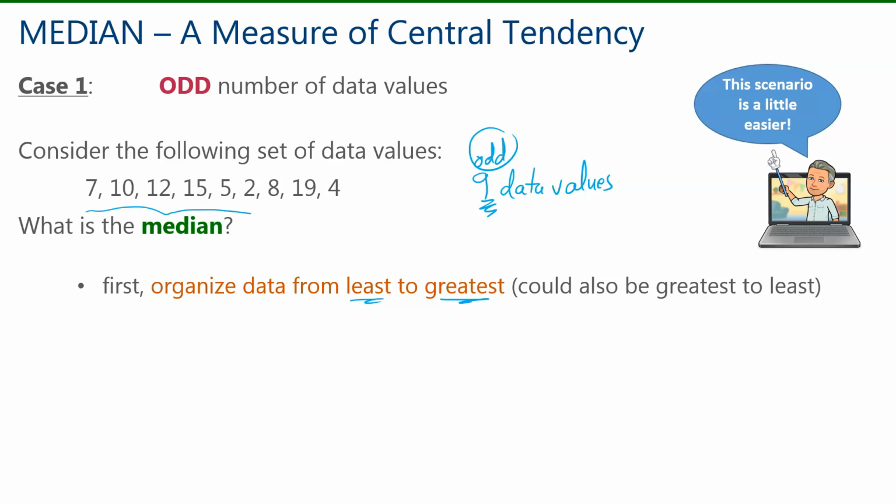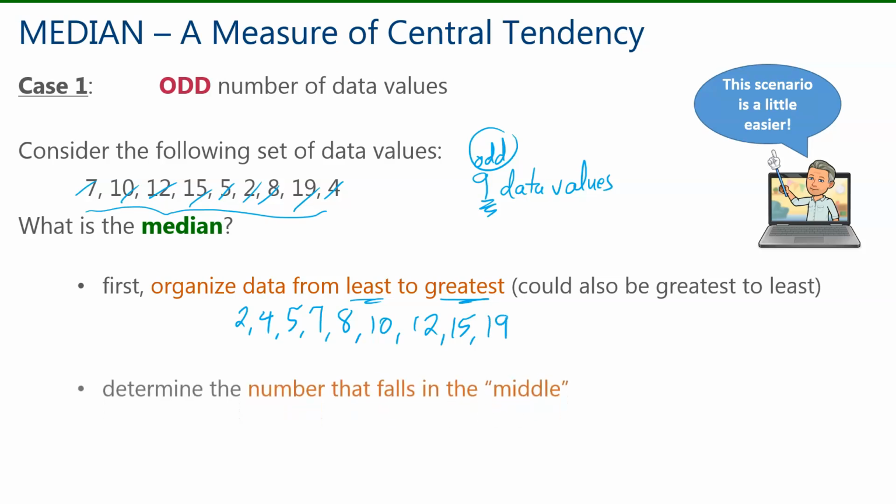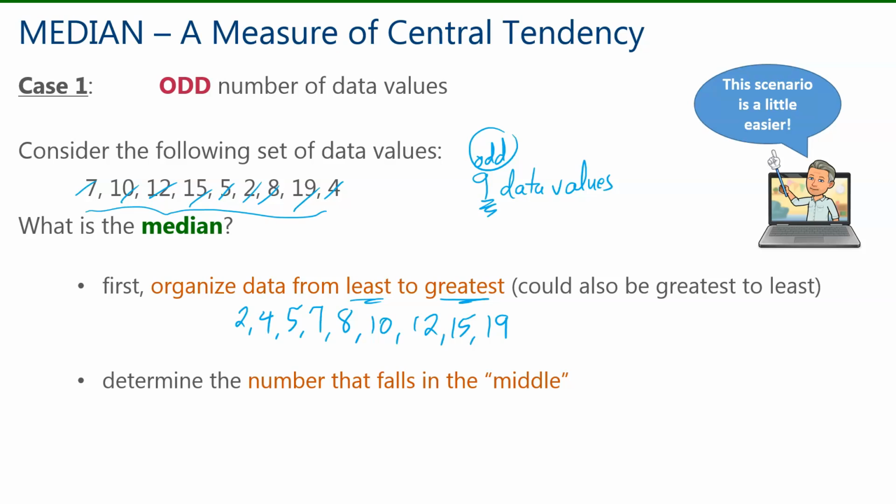If we look at our entire data set here, the smallest data value is 2. Then we have 4, 5, 7, 8, 10, 12, 15, and last but not least, 19. Once organized from least to greatest, now we need to determine the number that falls in the middle. I can group 4 pieces of data on the left and 4 pieces of data on the right.